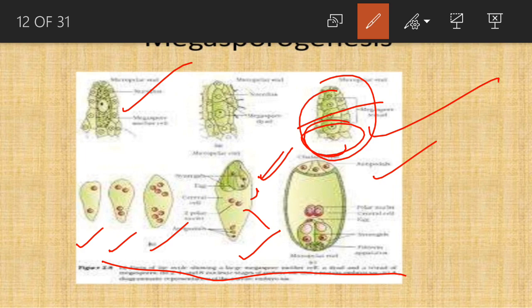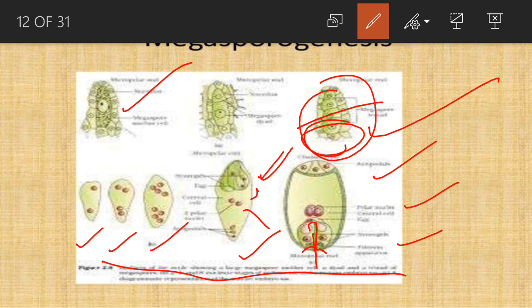So these are the antipodal cells, and these are the polar nuclei in the center, and these are the synergids or the helping cells, and in the center there is the egg nucleus. The synergids bear special cellular thickenings at the micropylar tip known as the filiform apparatus, which helps to guide the pollen tubes into the synergids.